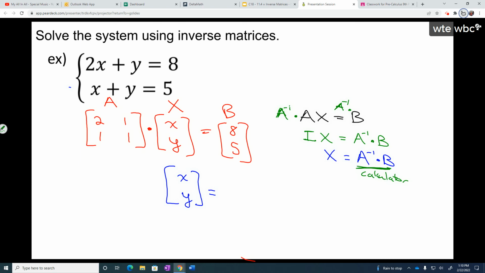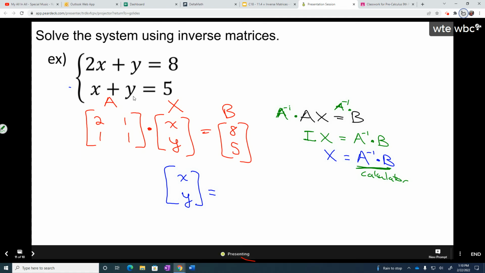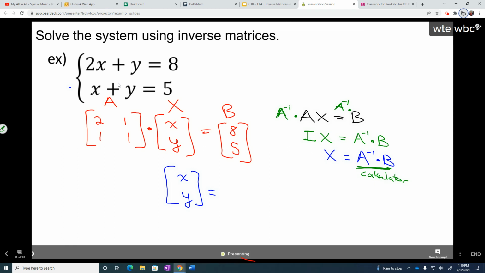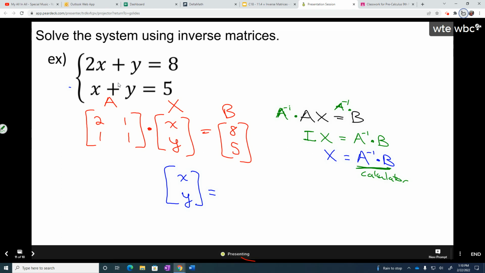Look for a button that would give us the little -1 thing, and do not do the caret -1. Anybody see it? Right here. It's a little x with a little -1 there. So we got A and then -1.